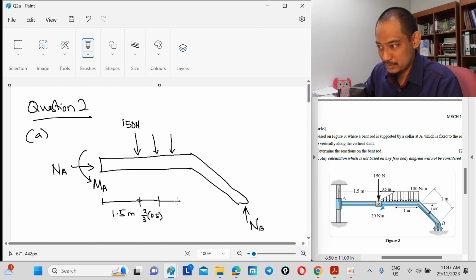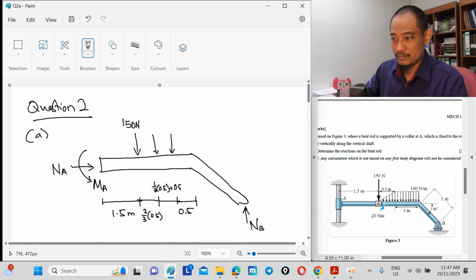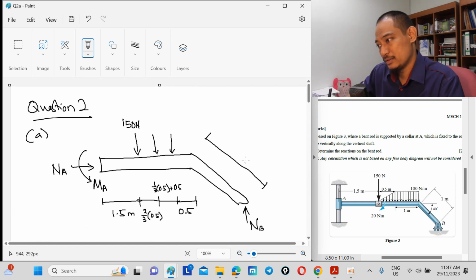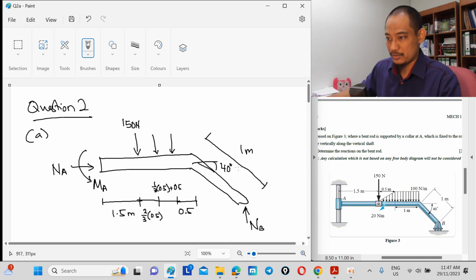And this one will be 1/3 of 0.5 plus 0.5, because this one is 0.5, right? Because here there's half here and half here, for this distance. And then this is 1 meter at 40 degrees. Okay, my drawing has also become haywire now.